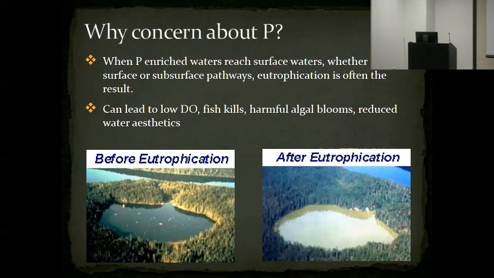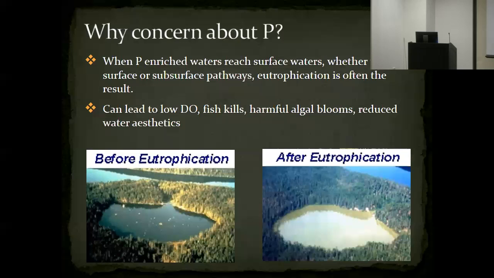So you have these tiles, they become these point sources of pollution, if you will, and you're basically short-circuiting the natural filtering capacity of the soil. If the phosphorus would normally travel hundreds of feet, if not more, before discharging, it might only be a foot or two.